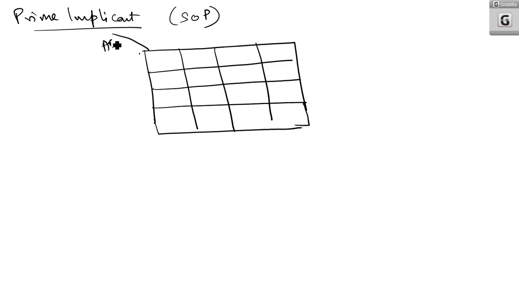Say A, B, C, D, with 0 0, 0 1, 1 1, 1 0 on the axes, and you are having 1s in these cells. Okay. So what is prime implicant?